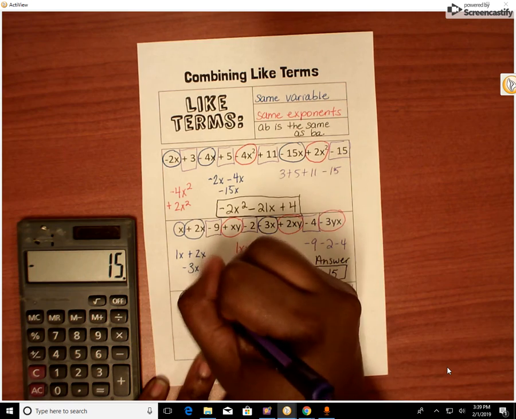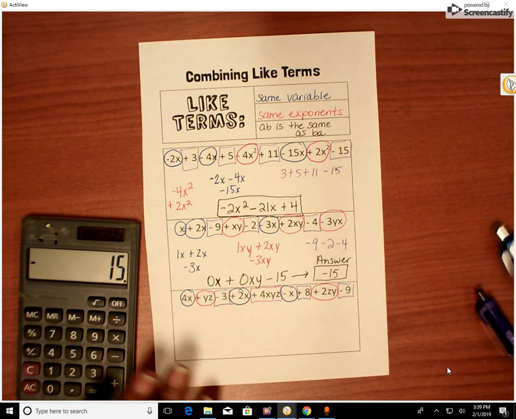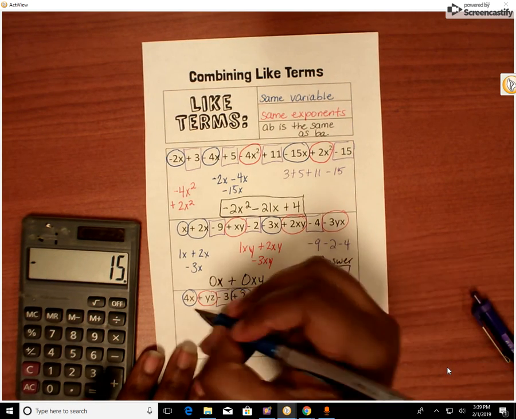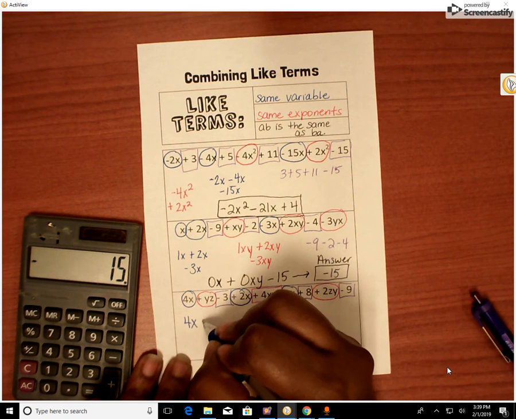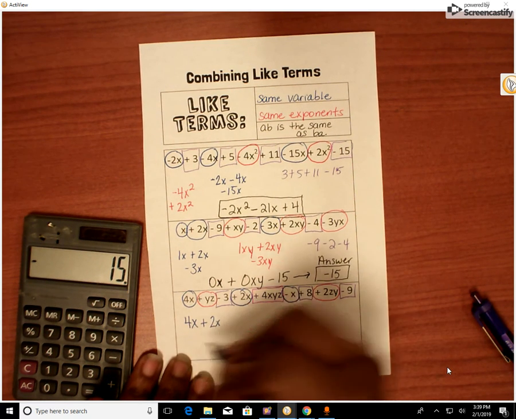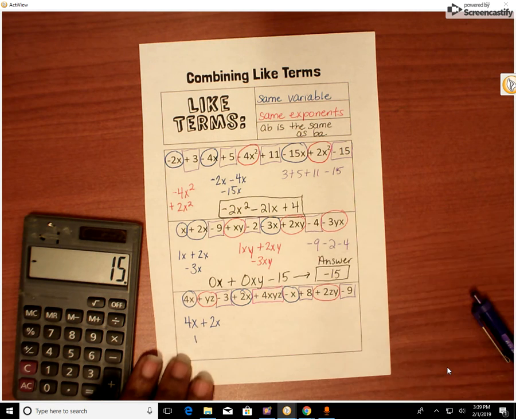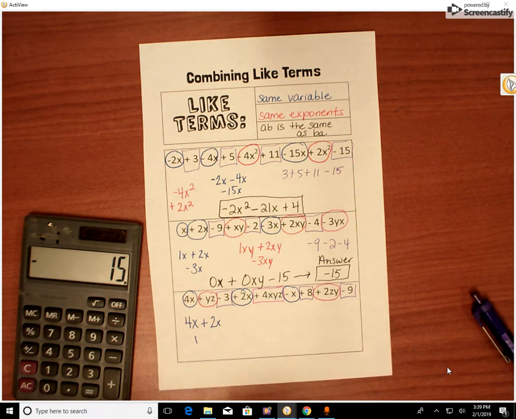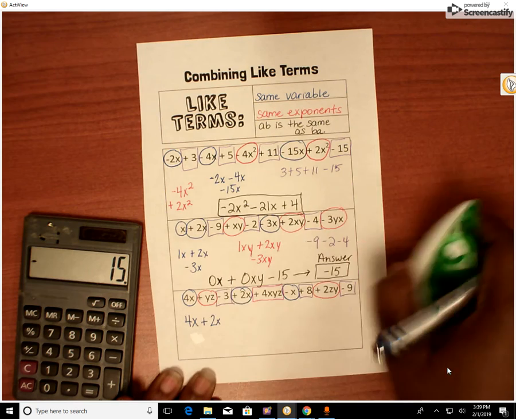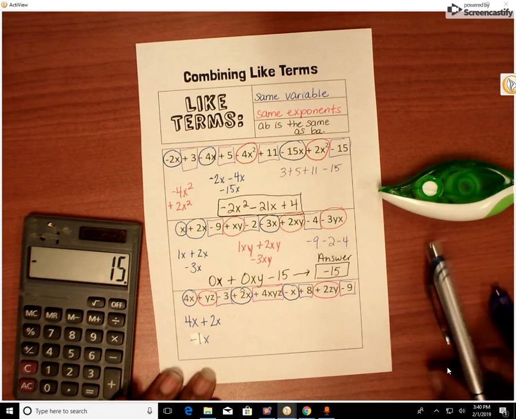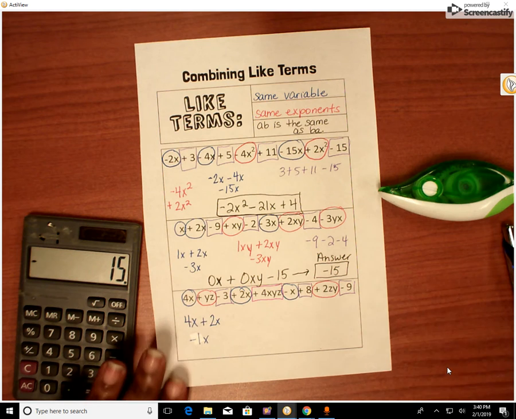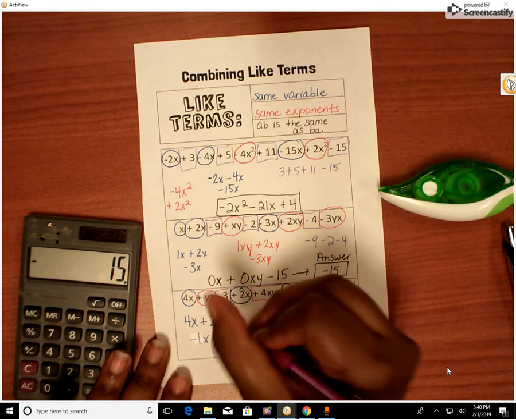After that, it's all my constants. So I'm going to go first with the x, because x comes before y. 4x plus 2x minus the 1x. So we have those. Now we're going to do that single one by itself.